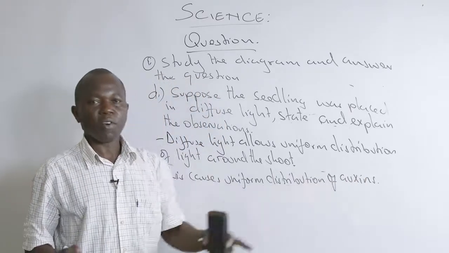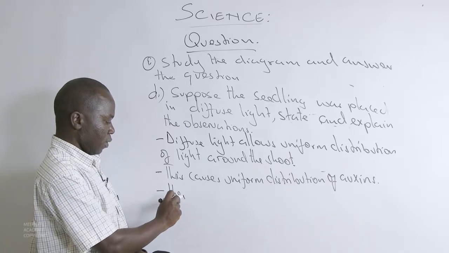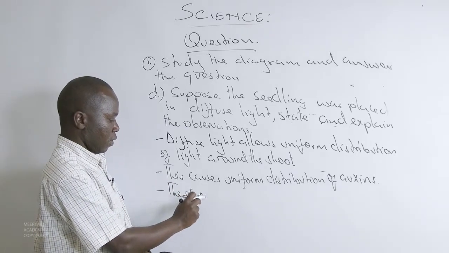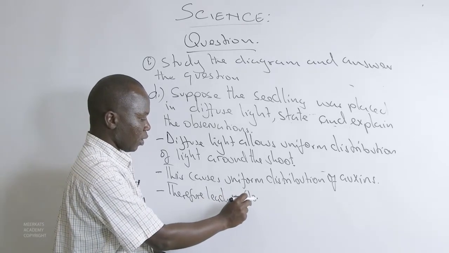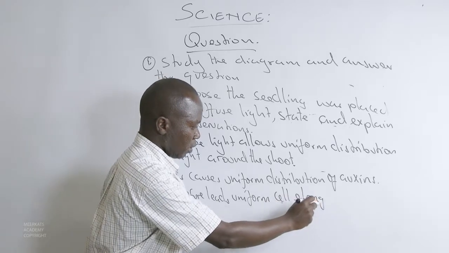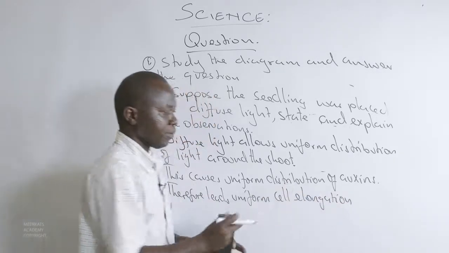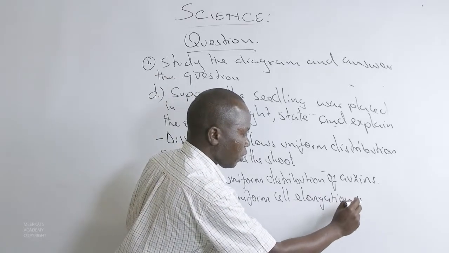And we know the effect of auxins is cell elongation. Therefore, this leads to uniform cell elongation. There will be uniform cell elongation around the shoot tip.